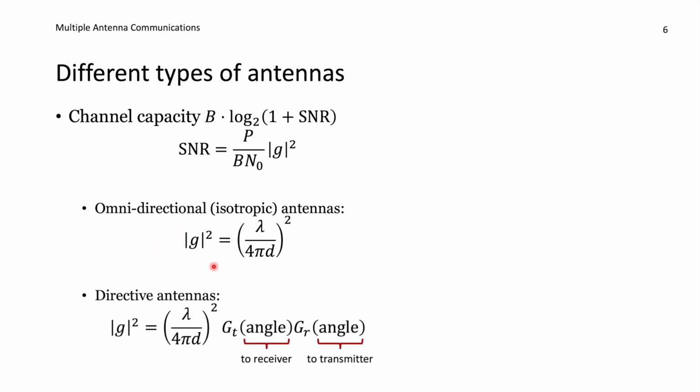There are other types of antennas, namely those that are directive. In that case, our channel gain becomes the same factor, but multiplied with 2 additional things here, GT and GR. GT is the directivity gain of the antenna in the angular direction pointing towards the receiver, and GR is the directivity gain of the receiver in the direction towards the transmitter.